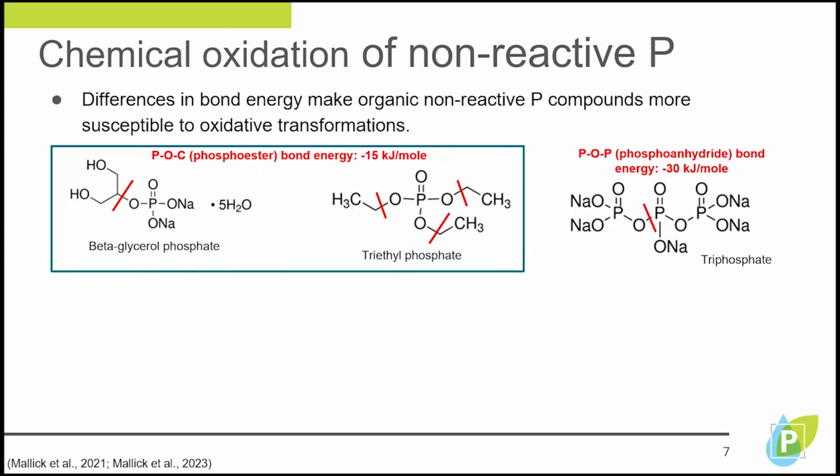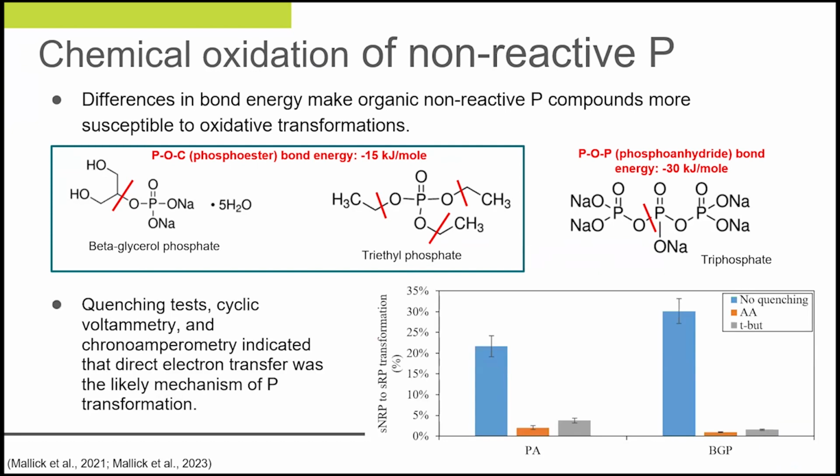One of the other things we did in this study was think about, all right, we're oxidizing these, but what's the mechanism going on in this electrooxidation system? We tracked this down with a series of different tests, and in the end the big indication out of all of them was that there's a direct electron transfer mechanism.